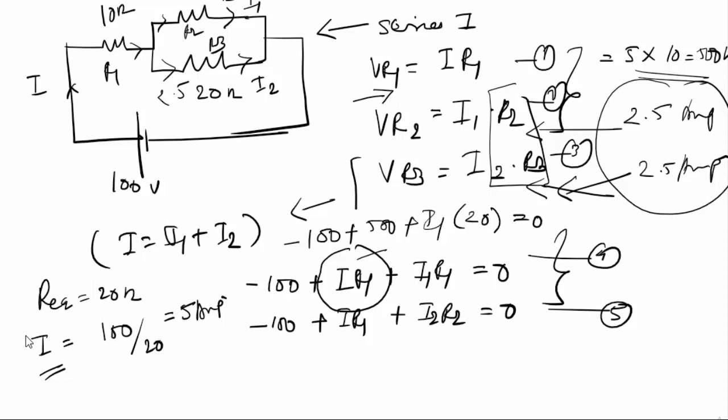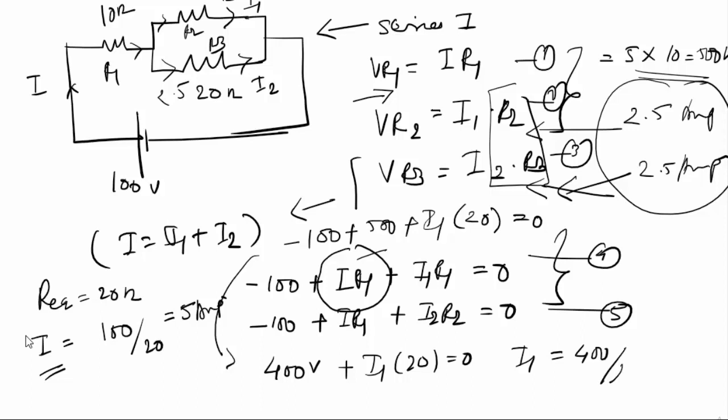Solving this equation, you are getting 400 volt plus I1 into 20 equal to 0. So my I1 is simply 400 divided by 20.